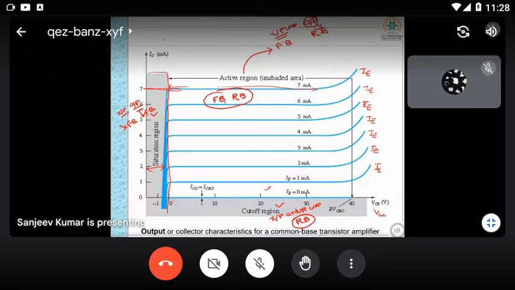Common base is used as an amplifier, not a very high gain amplifier compared to common emitter, but still your amplification factor you will get in this behavior. Okay, so in this slide any queries till now, anybody have, you can ask.